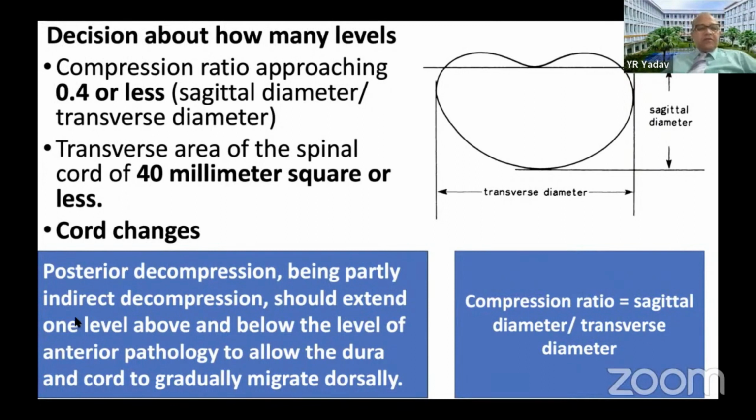The posterior decompression is partly an indirect process, except if there is facet hypertrophy or ligamentum flavum hypertrophy, which is usually associated because these are generalized degenerative processes involving all 4 structures. I have discussed the disc, the uncovertebral joint, the osteophyte coming from there, and sometimes the OPLL also.